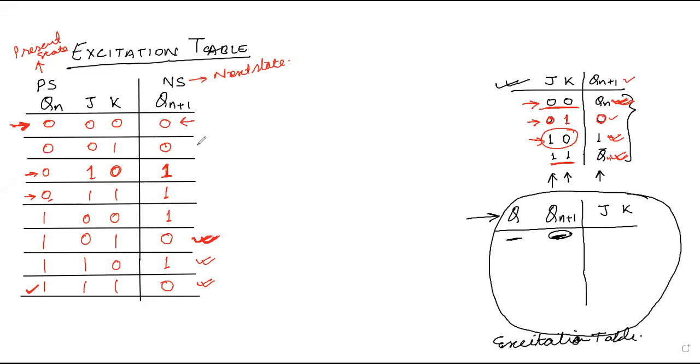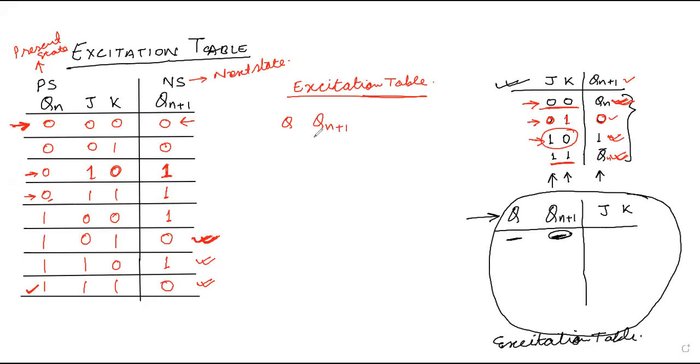Now what we want here is to make the excitation table. I have already told you that we want to create the excitation table. In the excitation table, we previously know the present state as well as the next state.